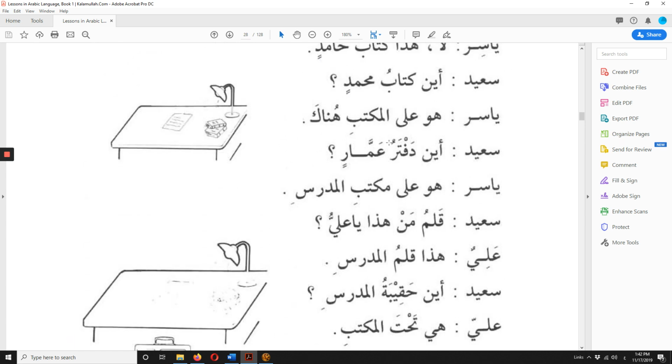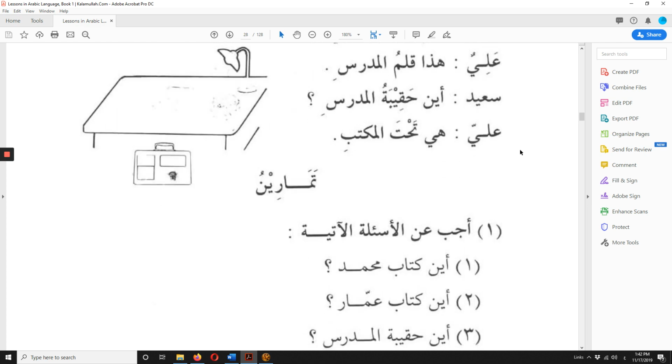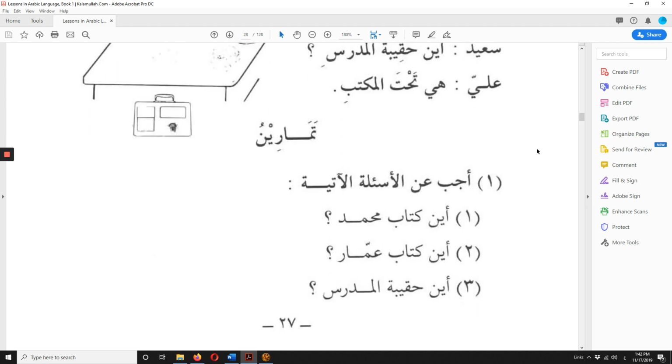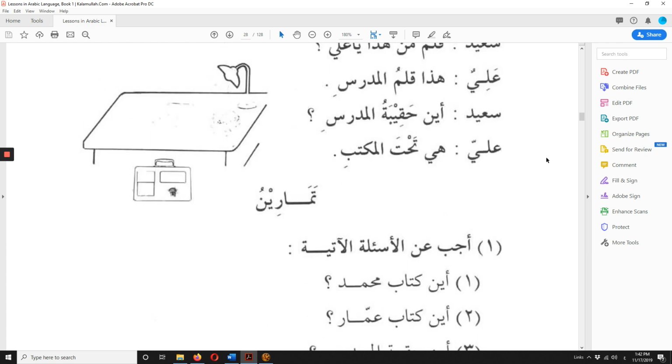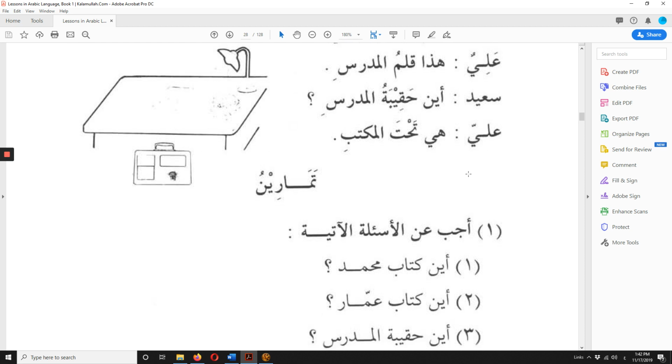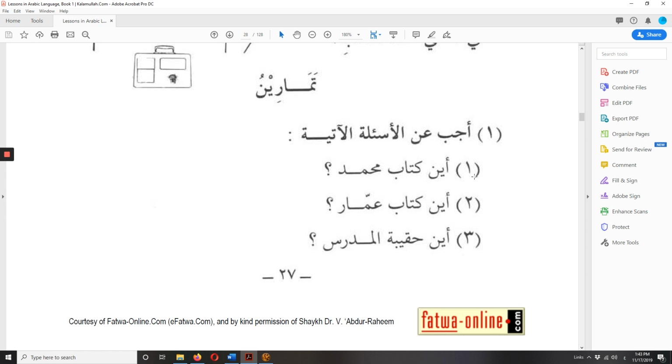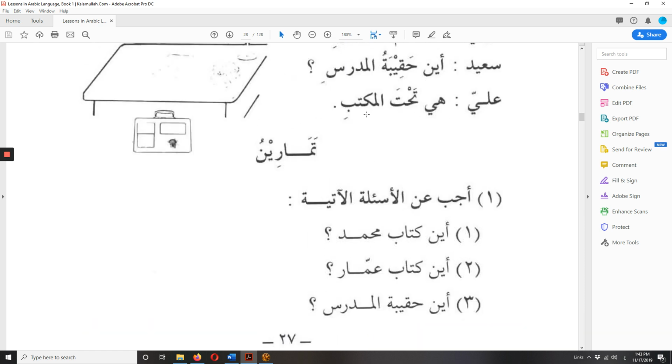Well, it looks like we only talked about Daftaru Ammaran, not his book. So let's use our imagination. Kitabu Ammaran tahta al-maktabi. So it's below the desk. أين حقيبة المدرس؟ هي تحت المكتب.